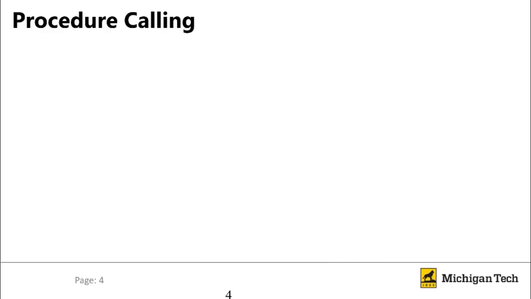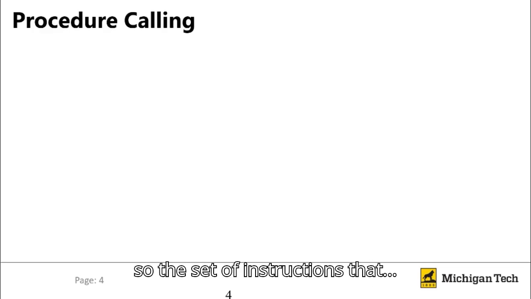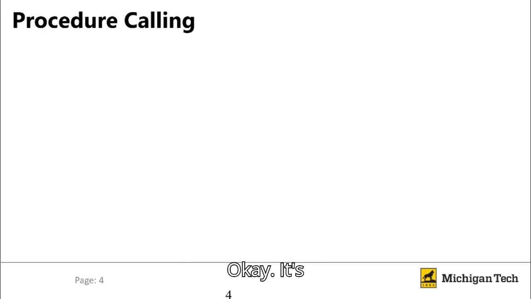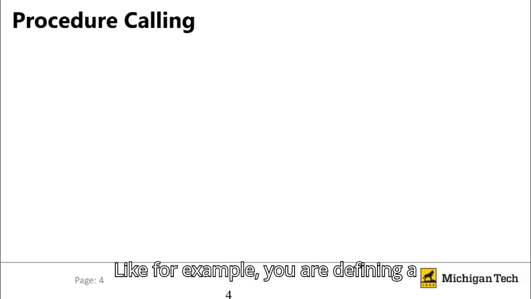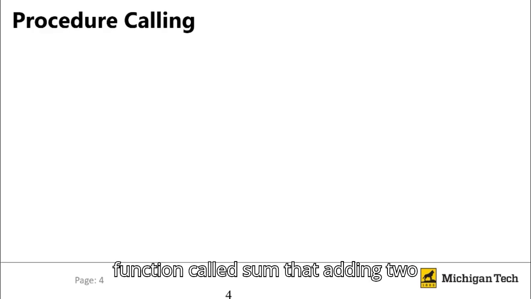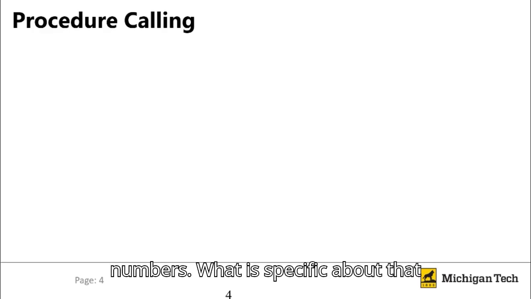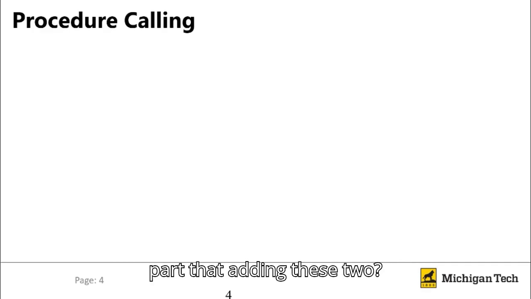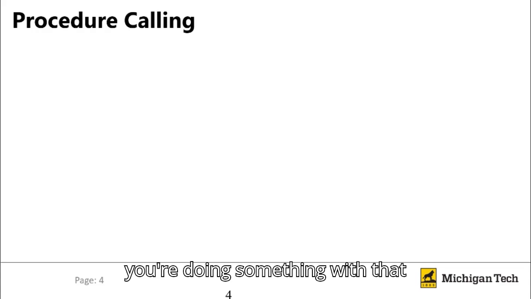Yes? So the set of instructions that has input and output? Yeah. Okay. Sometimes. Okay. So any other definition for a function? For example, you are defining a function called sum that adds two numbers. What is specific about that part? You're doing something with that, and you don't need to repeat it again.